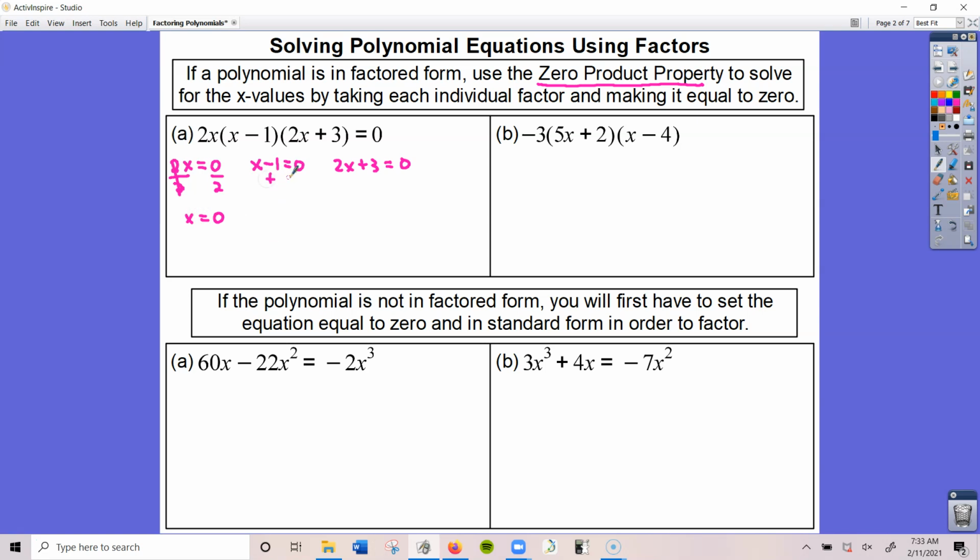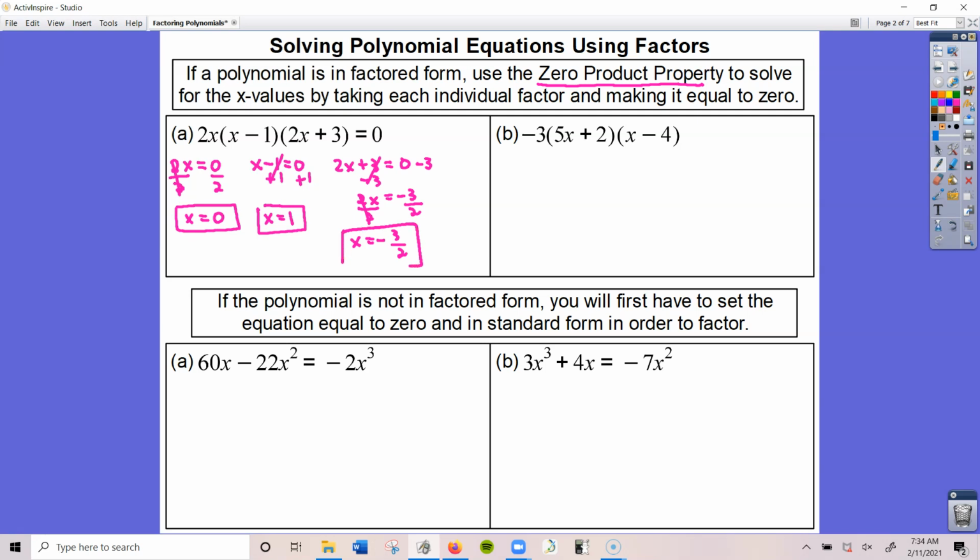Here we would have to add the 1, so x is equal to 1. And then here I would have to subtract the 3, so 2x is equal to negative 3, and then divide by 2. So x is also equal to negative 3 over 2. And these would be my 3 solutions.